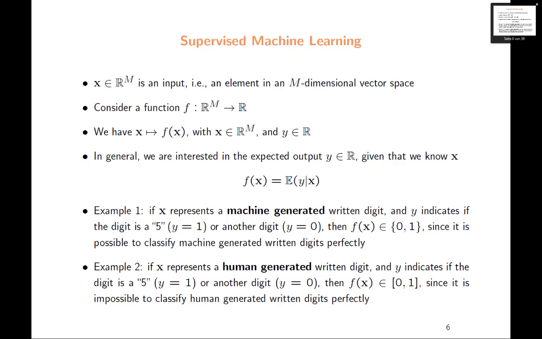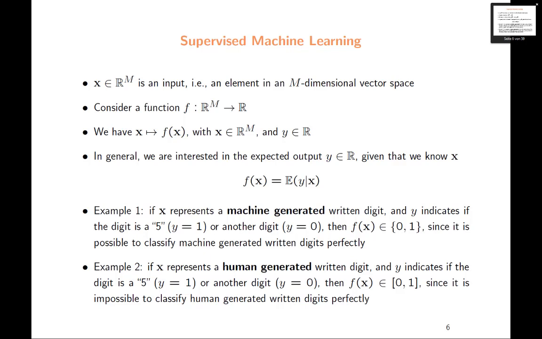Typically, not always. So example 1: x represents a machine-generated written digit, and y indicates if the digit is a 5, then y would be 1, or any other digit, then y would be 0. So we have only binary classes here. Then f of x can be either 0 or 1, since it is possible to classify machine-generated written digits perfectly.